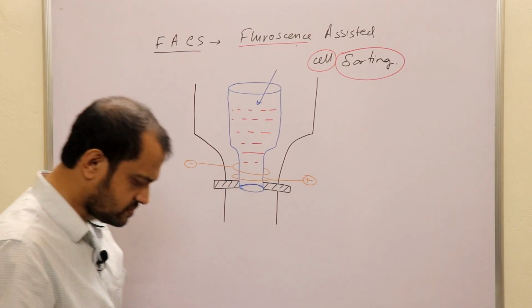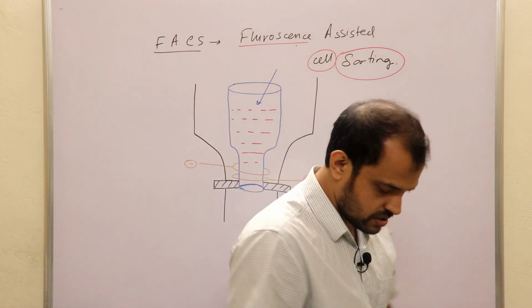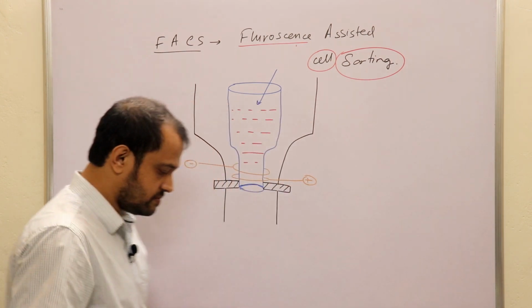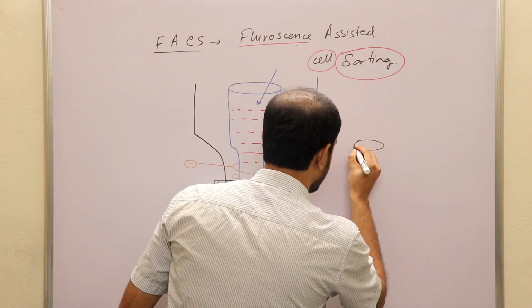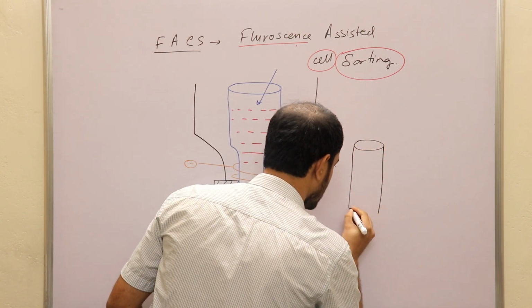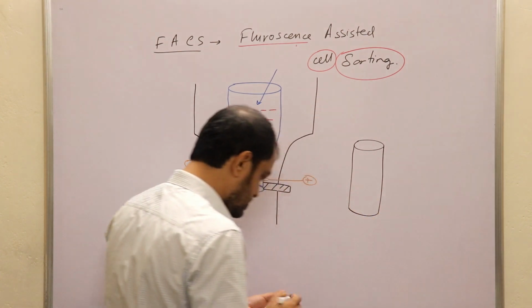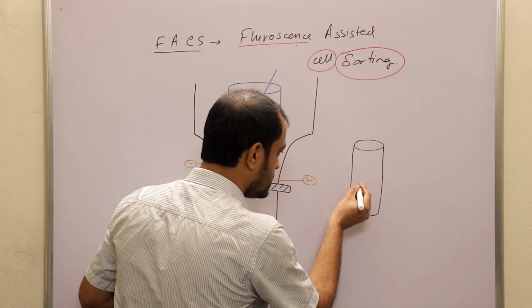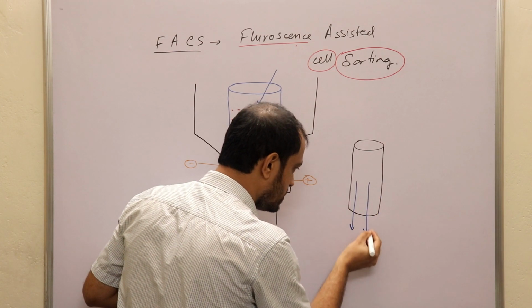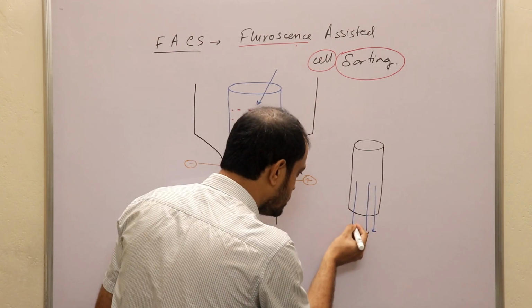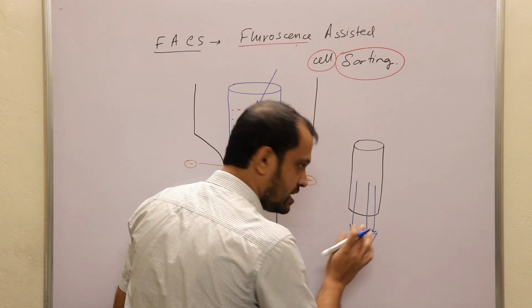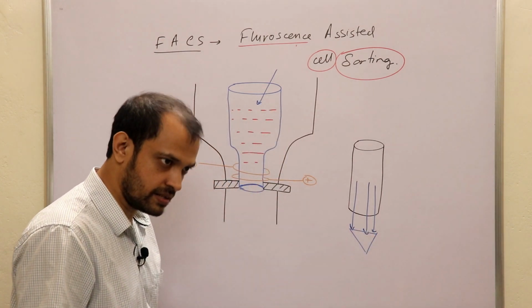Now listen. Suppose this is a tube. Any fluid coming out of the tube has a tendency to become turbulent at this point, right?